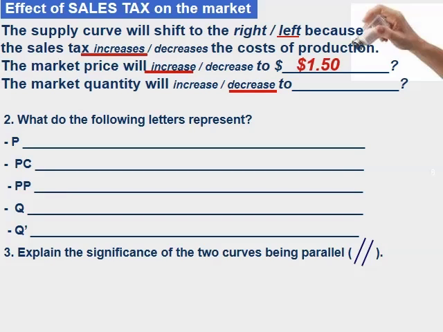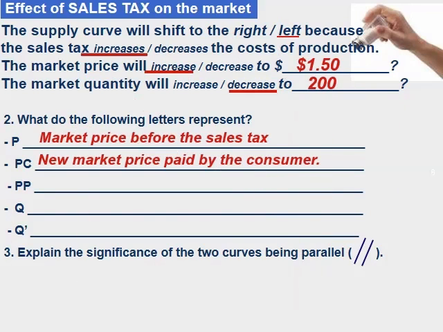So what do the following letters represent? P, of course, is the original price before the tax. PC, the new market price paid by the consumer. PP, the effective price received by the producer. Even though they receive PC, the price paid by the consumer, the government is going to take the difference, PC minus PP, the amount of tax, away, so the producer is effectively left with a price equaling PP.